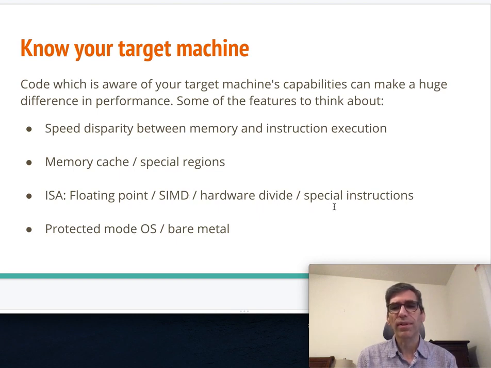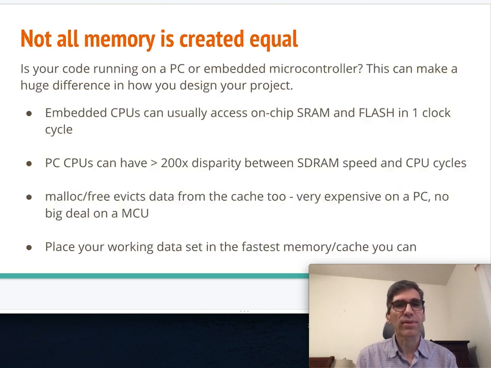For example, the pop count instruction counts the number of 1 bits in a variable, and the way to do that in C is just to loop over each bit of your variable, which is incredibly slow, versus the pop count instruction, which can do it in 1 clock cycle. And then there's the issue of, are you running on a protected mode operating system like Linux or Windows or OS X, or are you running a bare metal kind of system like embedded? And that can make a big difference in I/O and system calls.